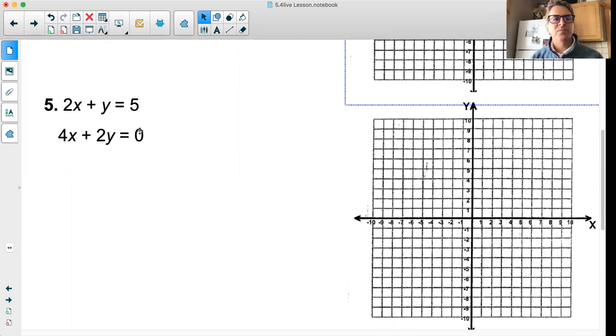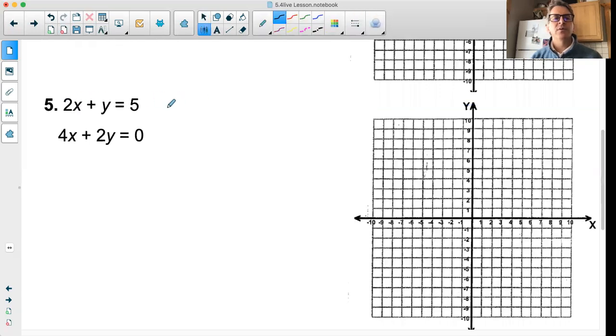A couple ways you could probably use substitution, or you could use elimination. I think I'm going to use substitution. I see this y kind of by itself. So if I subtract the 2x from both sides, I'd have y is equal to -2x plus 5.